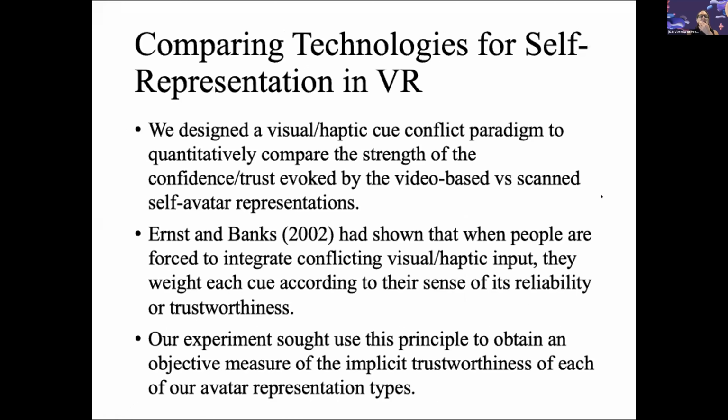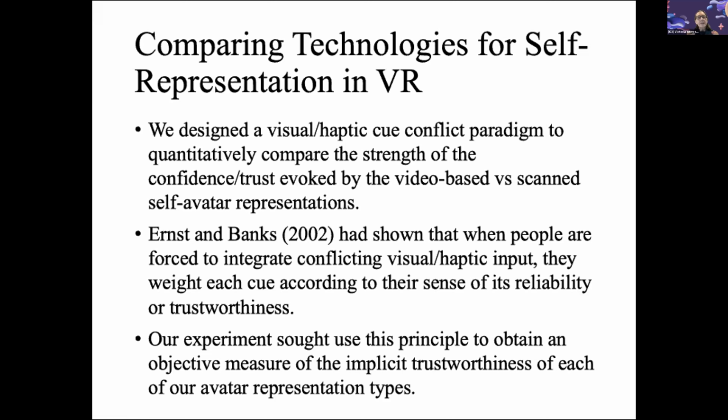In order to make that decision, we conducted an experiment which used a visual-haptic cue conflict paradigm to compare the strength of the confidence evoked by the video-based versus the scanned self-avatar representation.